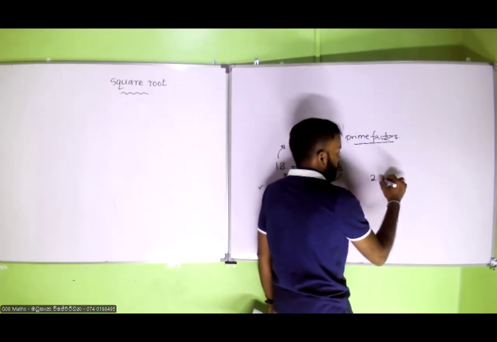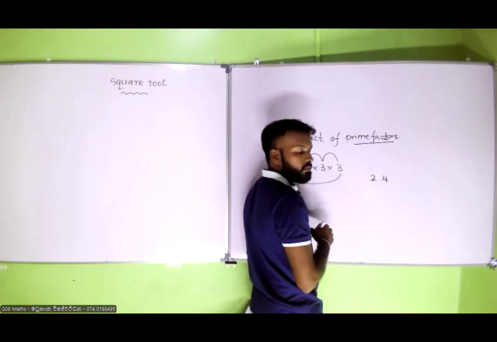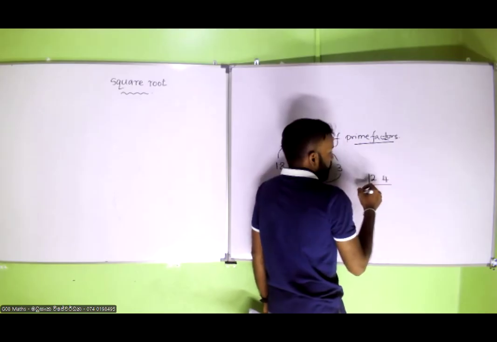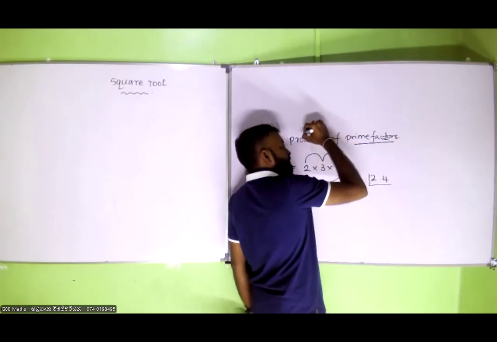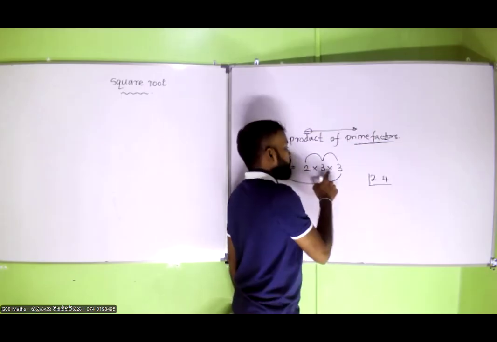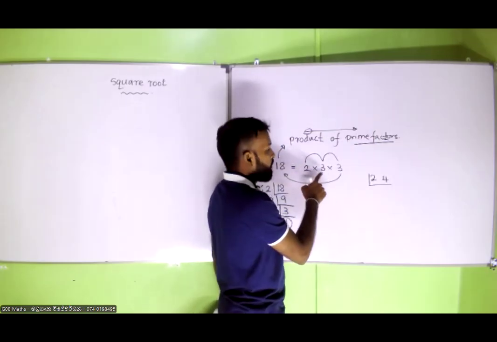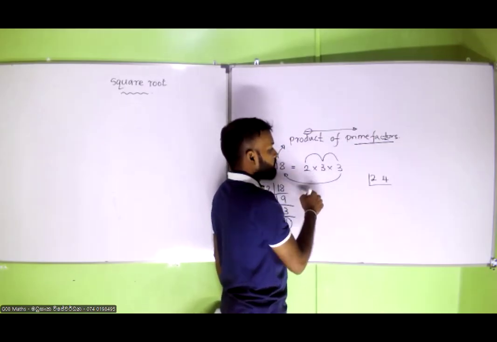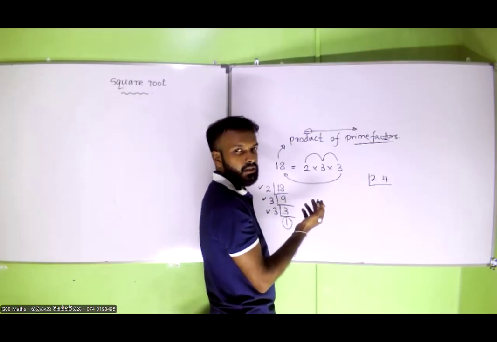24. How to represent it as a product of prime factors. Product means multiplication, right?